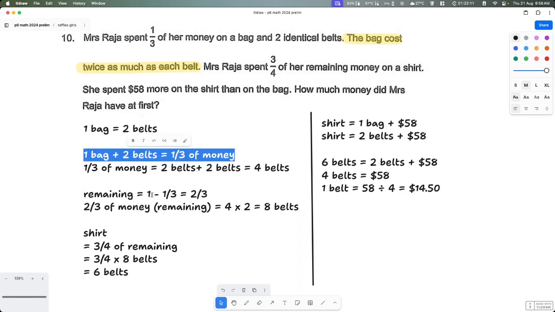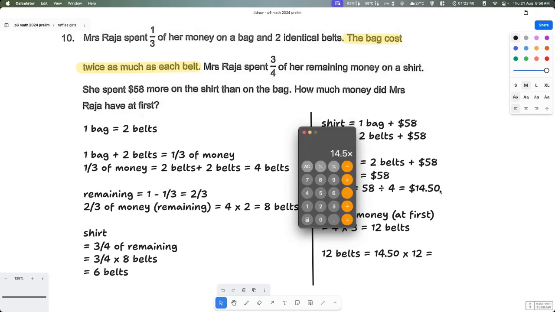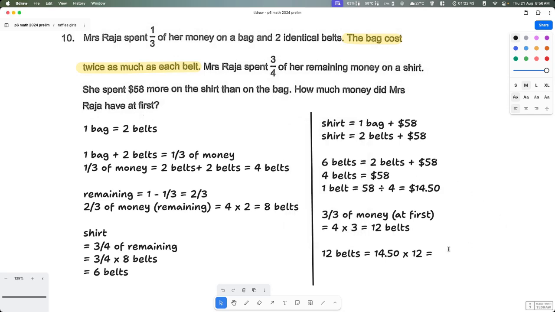We know that one third of the money is 4 belts. So 3 out of 3 of the money at first is equal to 4 times 3, which is 12 belts. So 12 belts is equal to 14.50 times 12, which is $174. So that's the answer.